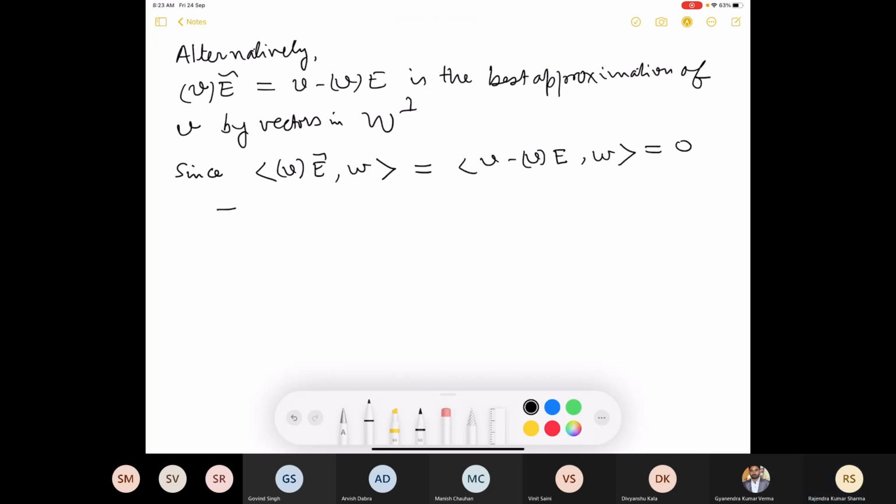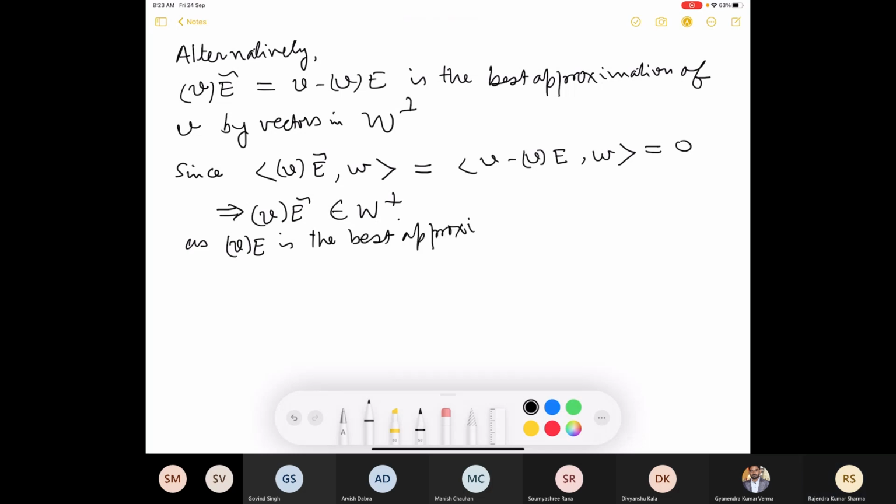And that makes VE tilde be in the orthogonal complement of W. And that is since VE is the best approximation of V by vectors in W, because of the inner product of this being 0.